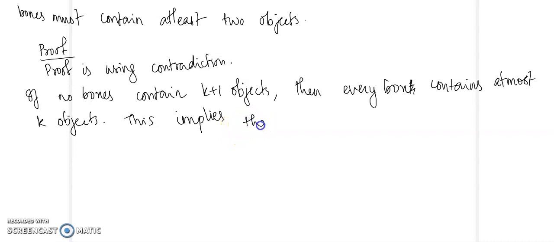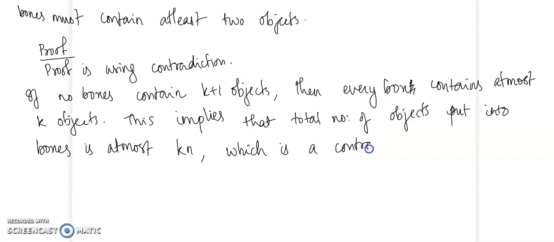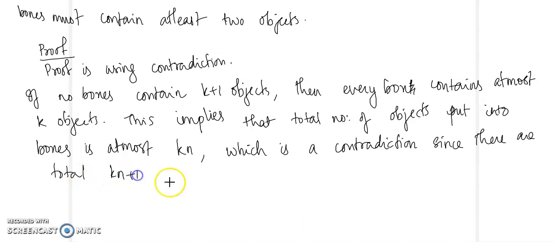So this implies that the total number of objects put into the boxes is at most kn, which is a contradiction, since there are a total of kn+1 objects.